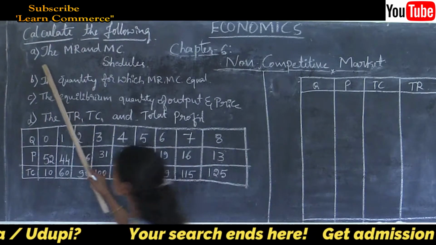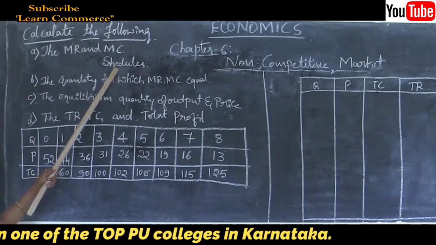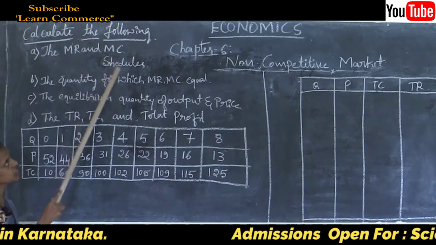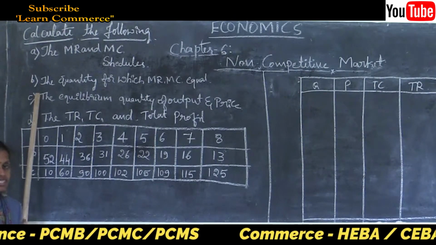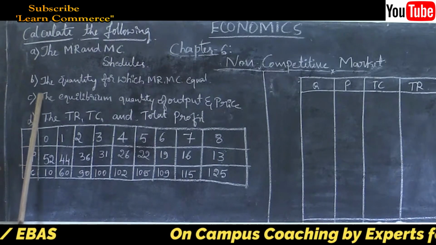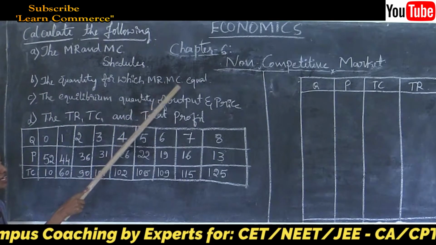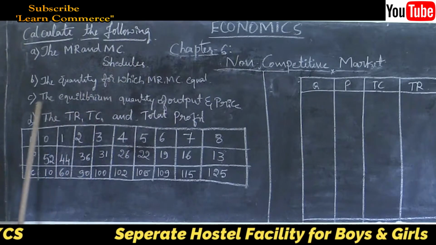Calculate the following: A, the MR and MC schedule, marginal revenue and marginal cost schedule. The question is very important for 6 marks. This time also it came for the annual examination. B, the quantity for which marginal revenue and marginal cost are equal.